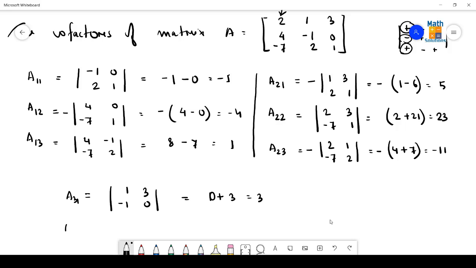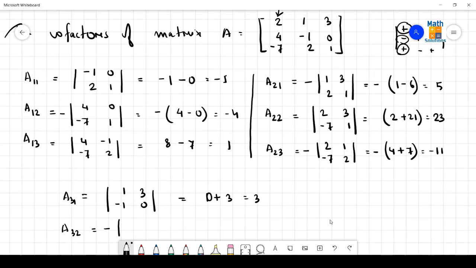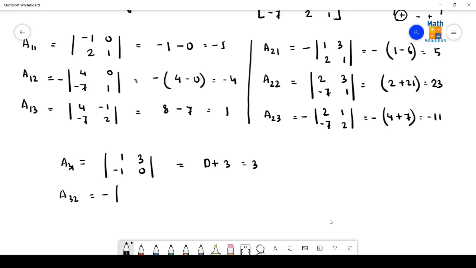Then A32, the negative sign convention I have to use here. For A32 the elements will be 2, 3, 4, 0, and I can write here minus 0 minus 12, the answer is 12.